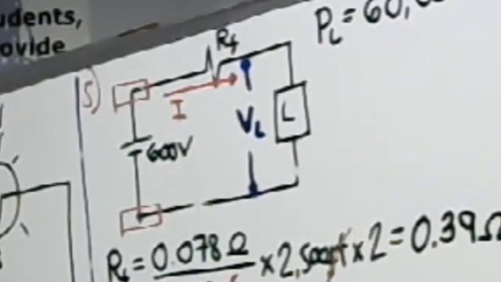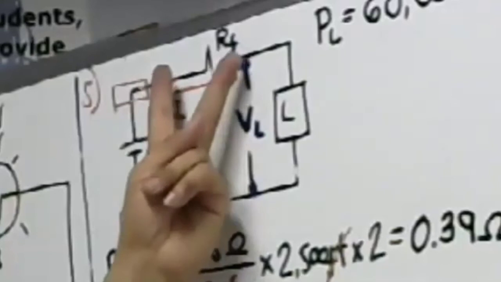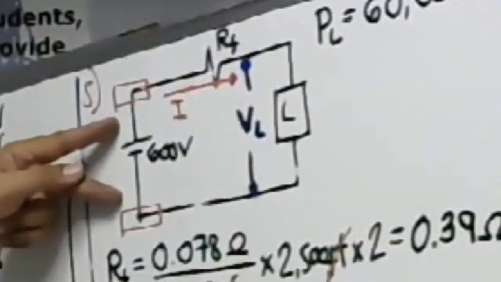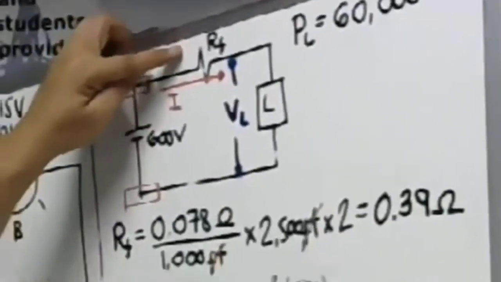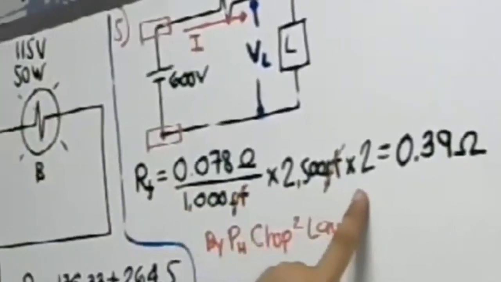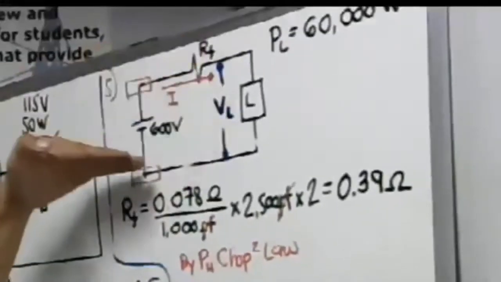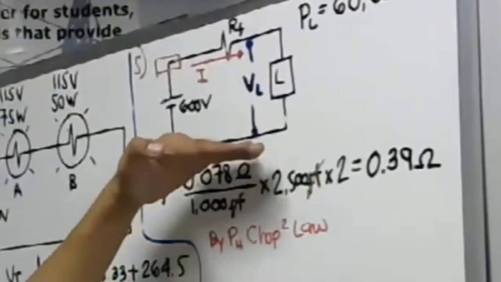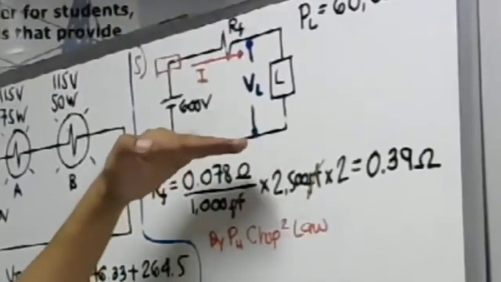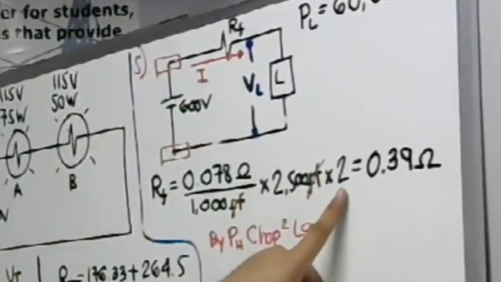What is the Powerhouse Chop-Chop Law? Take note, the voltage here plus the voltage here is equal to the voltage here. Remember that I already multiplied RF by 2 because of the upside and the downside here. Did you get that? Of course, the upside and the downside, that's why there is times 2.